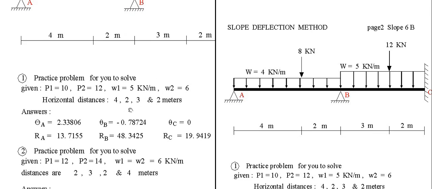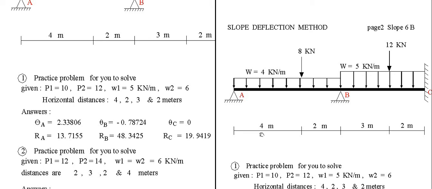I have this. The P1, instead of 8, change that to 10, instead of 12. 12 is also 12. Then W1, instead of 4, change that to 5. W2, instead of 5, make it 6.